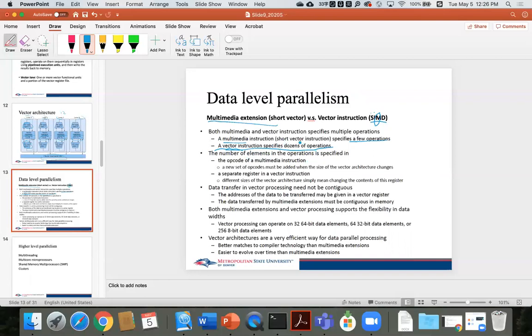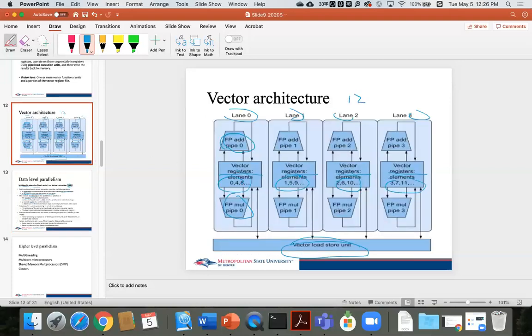The number of elements you can operate on is specified by the opcode of your multimedia instruction, but for a vector machine, how many elements we execute depends on the hardware structure, because we have a few different registers and we use a bunch of them together.